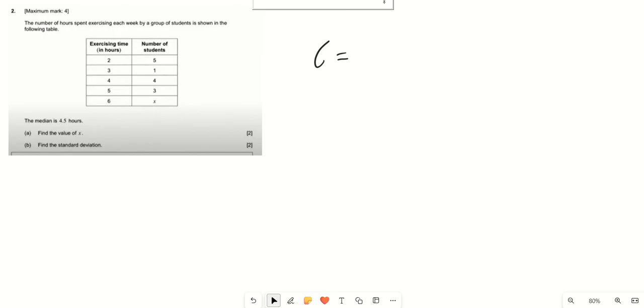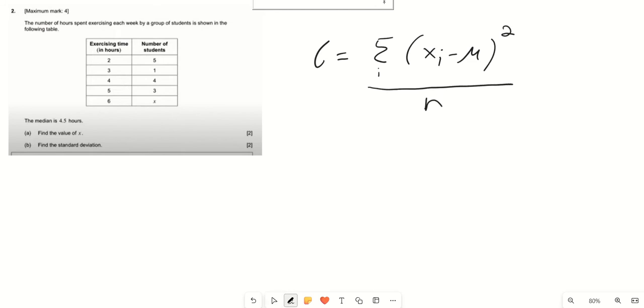Sigma equals the square root of the sum over i of fi times xi minus mu, squared, divided by n.